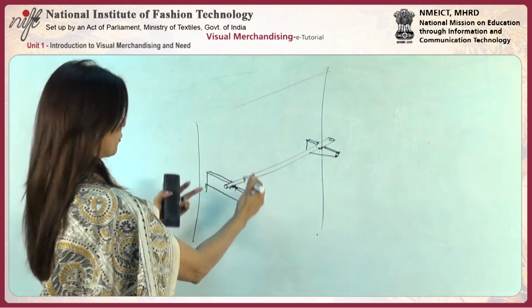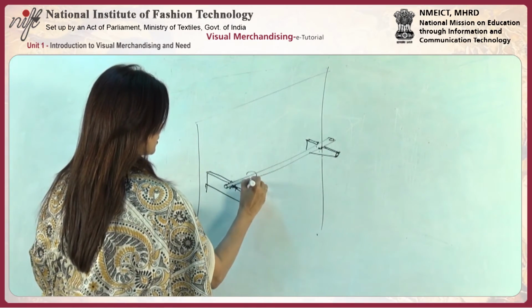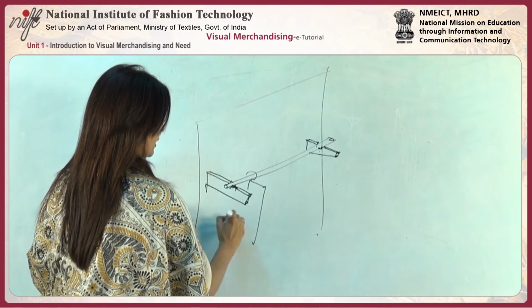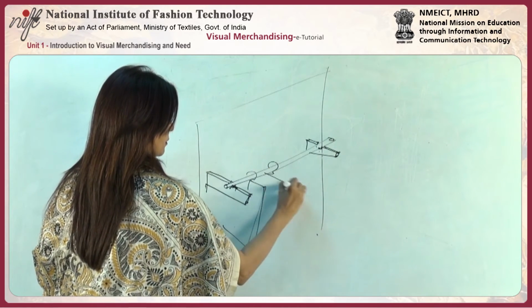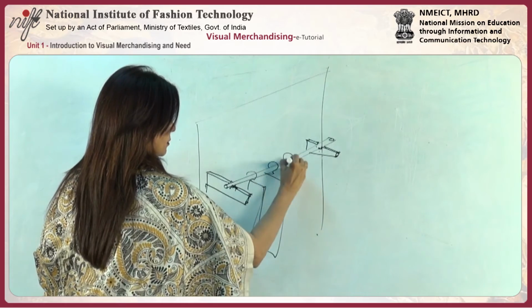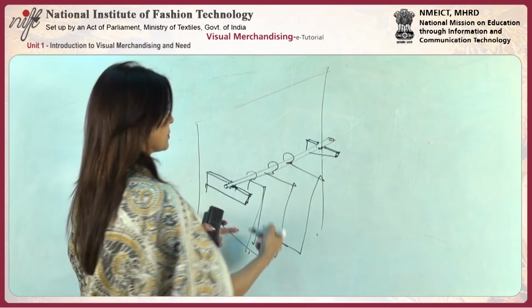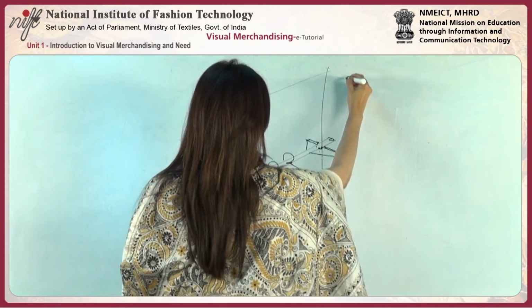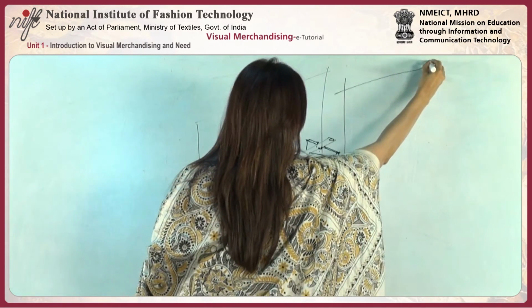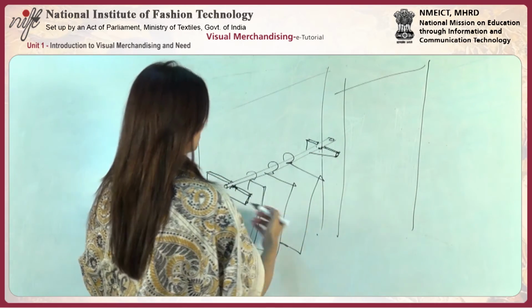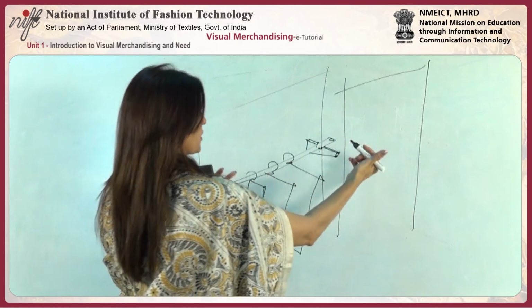So this is how a rod would be there, and on which the hangers would take the garment that are being placed on it. The other type is a slat wall. That's again a wall. The difference between the two, here you have a rod on which it is placed.